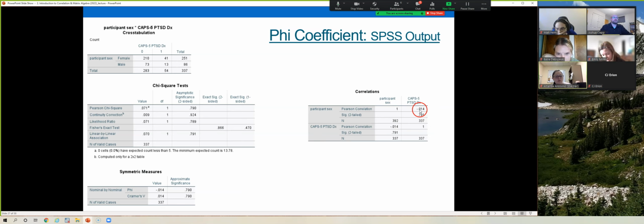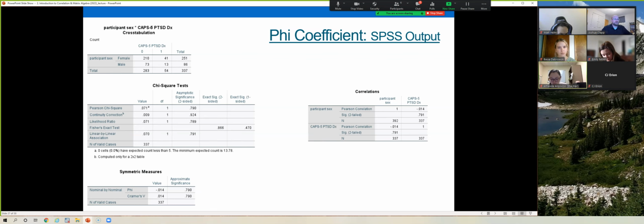The phi coefficient, which SPSS is reporting as my Pearson correlation, which is fine because it's interchangeable, is negative 0.014. Or I can run this in SPSS as a chi-square, and here it gives me my 2 by 2 table. If I go down and look at my significance, the p-value for my chi-square is 0.79. Look down to the p-value for my phi coefficient, 0.79. It's all the same. I can do it however I like. It makes no difference here.